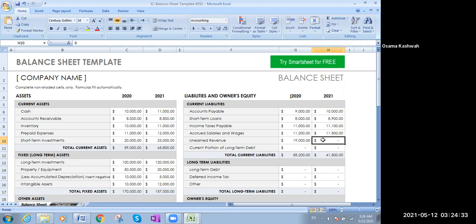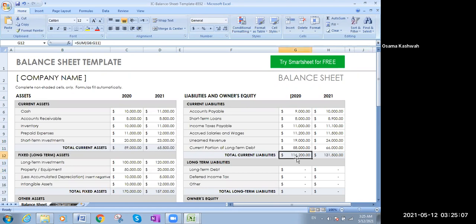And here the unearned revenue is 24,000. Okay, current portion of long-term debt. This also will be, let's say, 58,000. And let's say here it is 66,000.